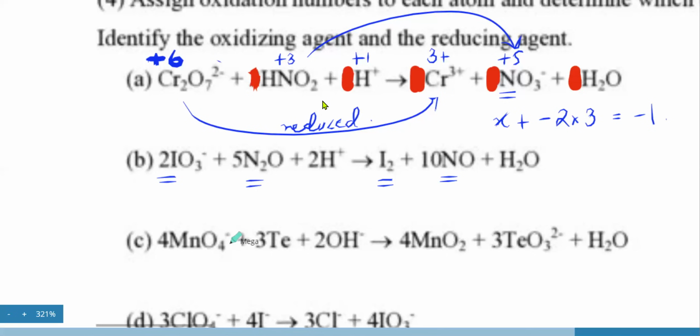What do you mean by 2? Ignore the 2. That's just for balancing. Yeah, but that's what I got for one oxidation, for iodine.